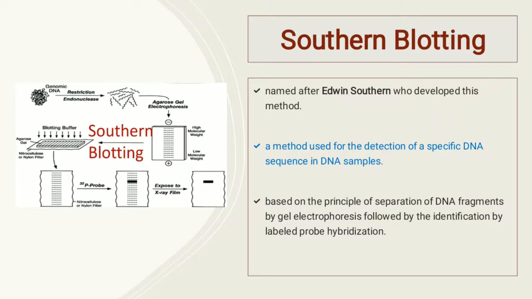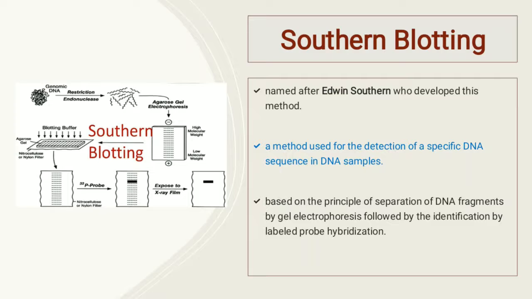In this figure, you can see that the first step involved in southern blotting is the extraction of genomic DNA. As all of you know, genomic DNA is very lengthy. So you have to cut it into smaller fragments for the purpose of gel electrophoresis.